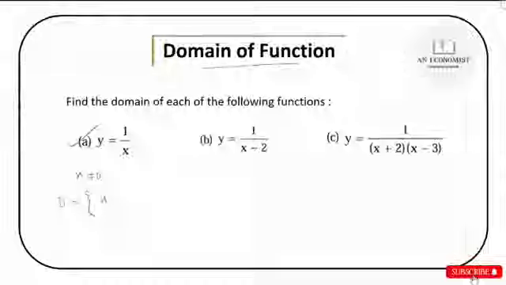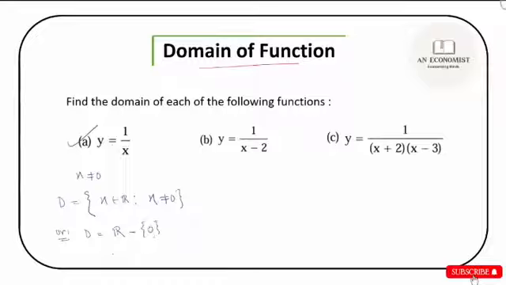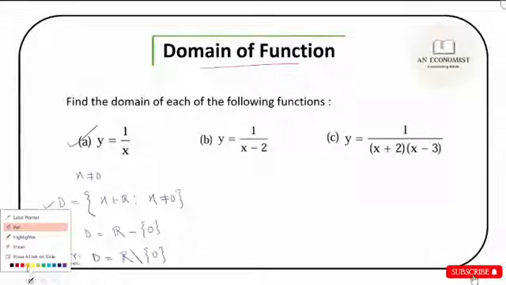It will be all the X values belonging to R such that X cannot take the value 0. Or what you can write, domain is all the real values except the value 0, or there is another way of writing this, all the real values except the value 0. So these three are the possible ways of writing the domain of this particular function, right?